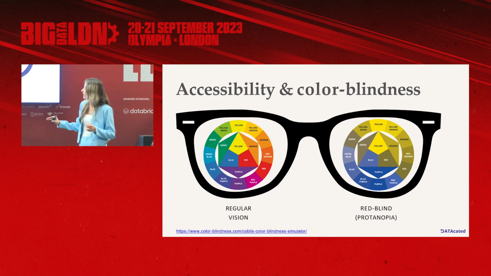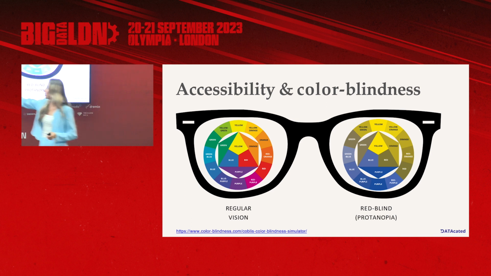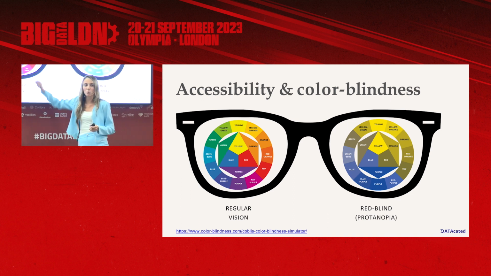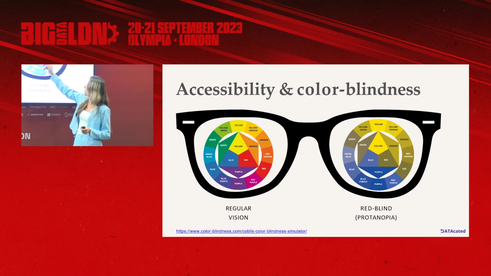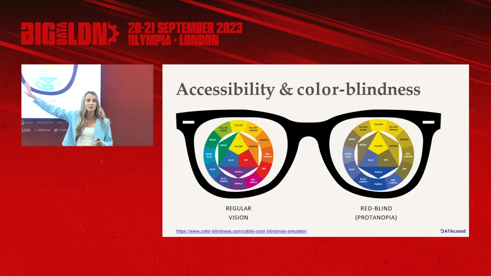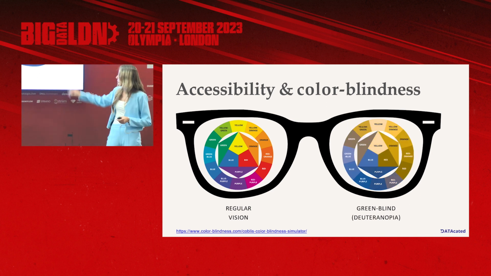So one key thing I want to point out here is we generally use red and green a lot, or at least we used to. I'm trying to put a stop to it. But red and green look pretty different for people who have regular vision. But if you suffer from red blindness, then red and green, if you remove everything else, look almost exactly the same. And then there's another example of green blindness.